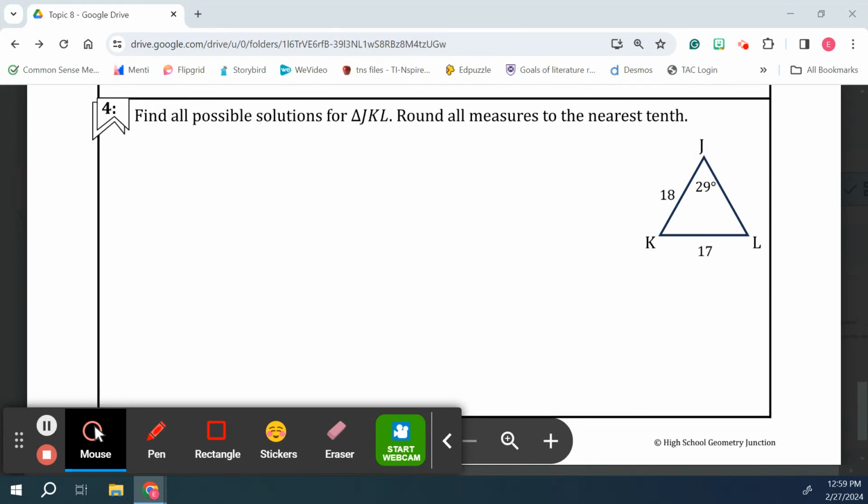Show of hands. Who's still working on it? Okay, just checking. I'm getting this. This is good. The second triangle part.